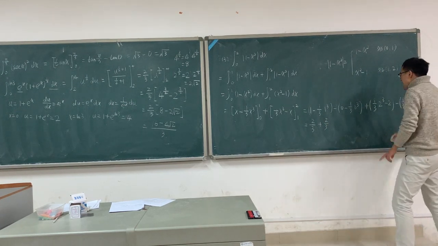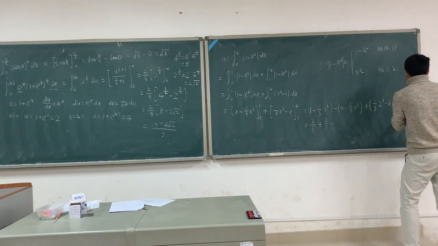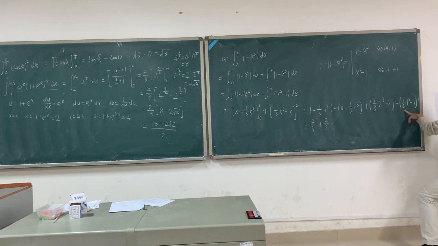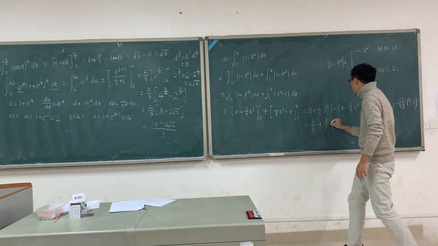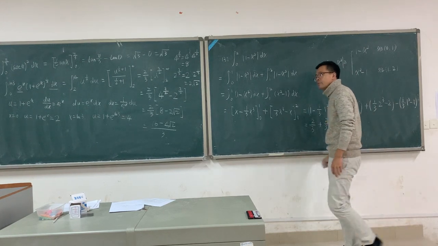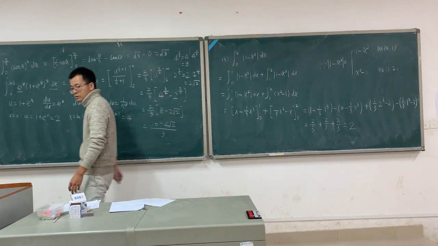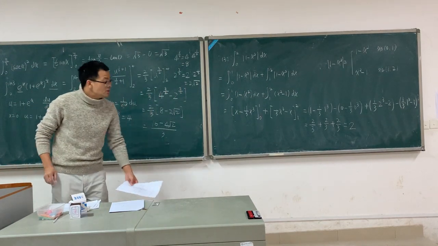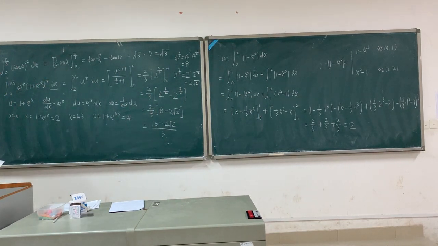And here is minus, what? 1 by 3 minus 1 is minus 2 by 3, so minus minus 2 by 3 gives plus 2 by 3. So the result is 2. This is the answer, okay?